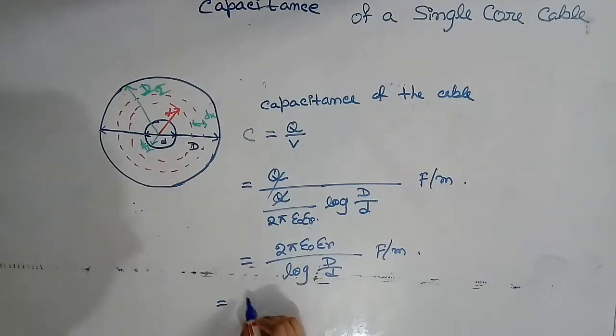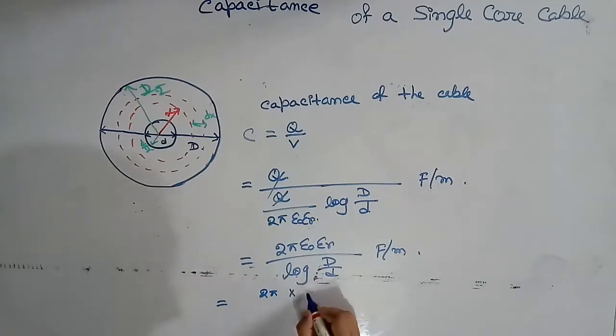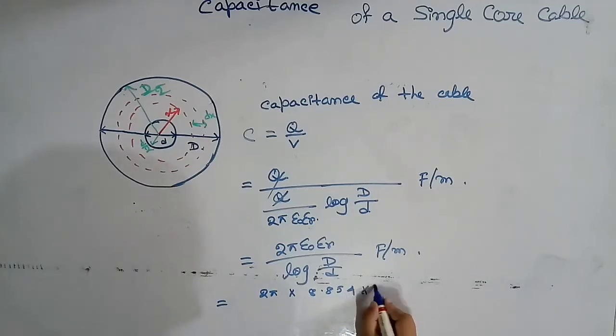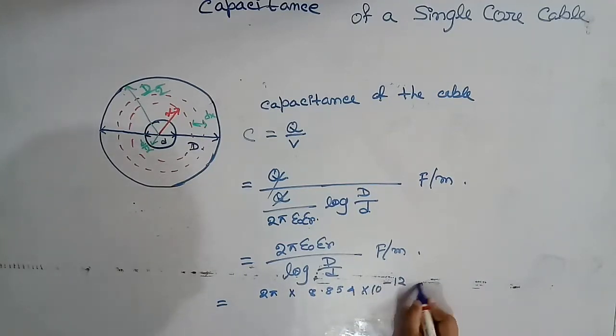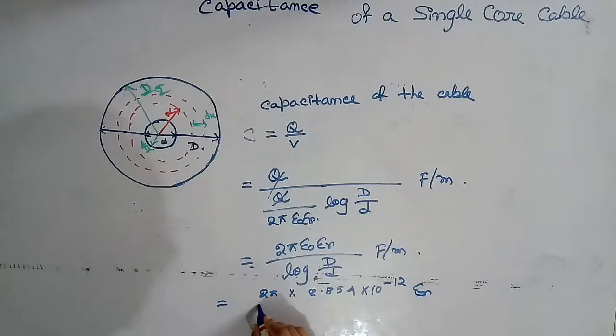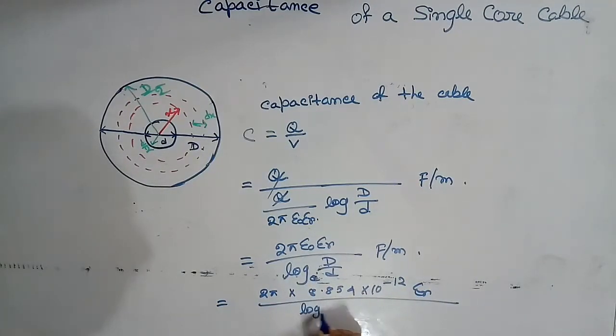Now put the value of epsilon 0, which is 8.854 into 10 to the power minus 12, and convert base e into base 10, so we multiply by 2.303 log 10 D by d.